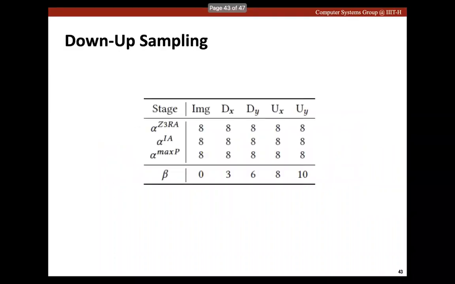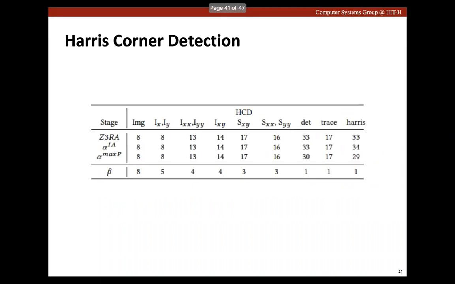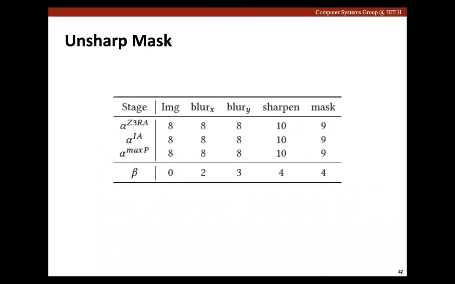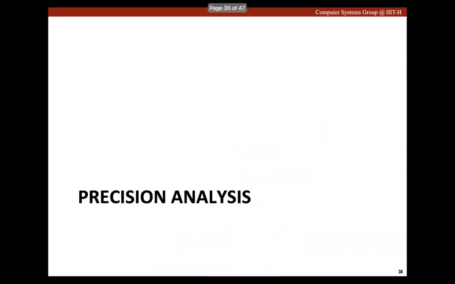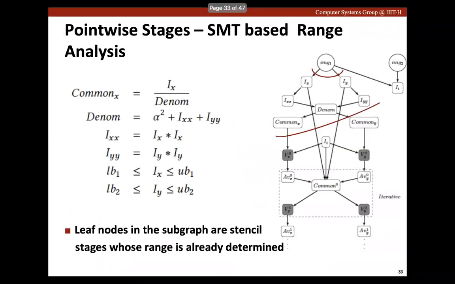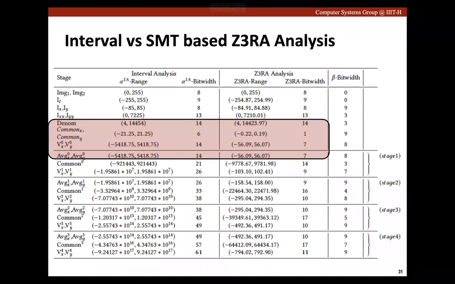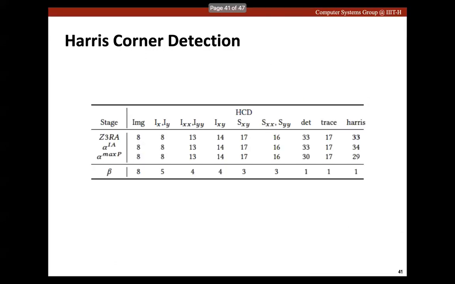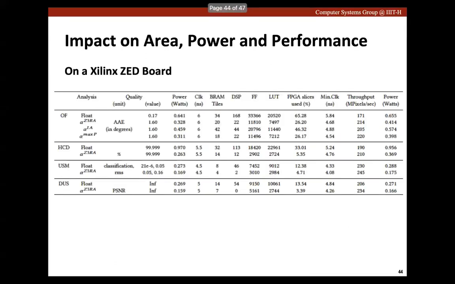But if you look at optical flow, we have already seen that by using this particular approach, we are able to accurately estimate the bits required at different stages, both the integral bits and the fractional bits. Now, at the end of all this exercise, all this effort should translate to some savings for us.